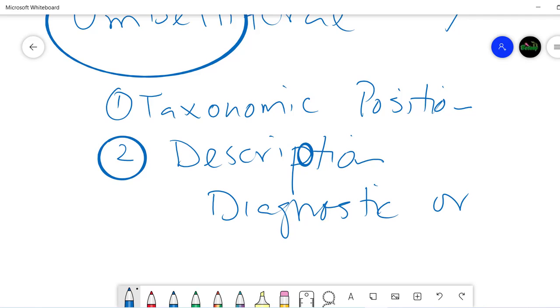So diagnostic and distinguishing characters will be discussed before the start of the general characters of the family. Then we are going to discuss the general characters of the family.